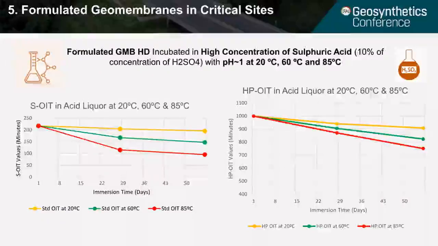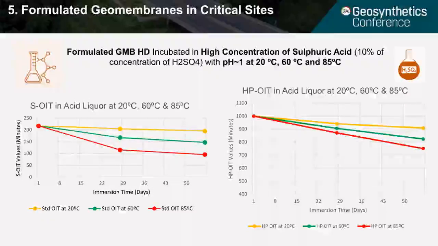In contact with acid, a regular geomembrane will show a steep drop in its antioxidant package. The results of this formulated geomembrane incubated in high concentration of sulfuric acid with pH close to 1 at 20, 60, and 85 degrees are shown in the two graphs.